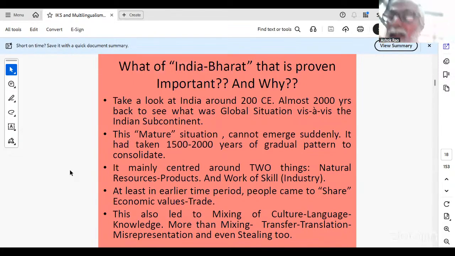So, how do we understand whether it was really good or bad? One way to understand whether it was really good or bad is to see how it looked 2000 years back. That's about the time that all these changes started happening. So we'll see how India was about 2000 years back.